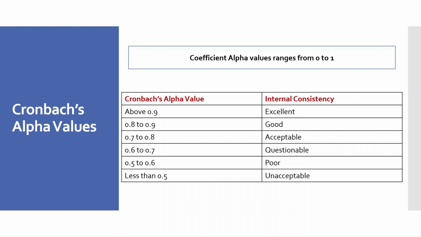Generally, alpha values above 0.9 are considered excellent for internal consistency, values of 0.7 and greater have acceptable internal consistency, whereas values of 0.6 and less are not acceptable or preferred. However, for more clarity, you can refer to various studies on the interpretation of Cronbach alpha values.